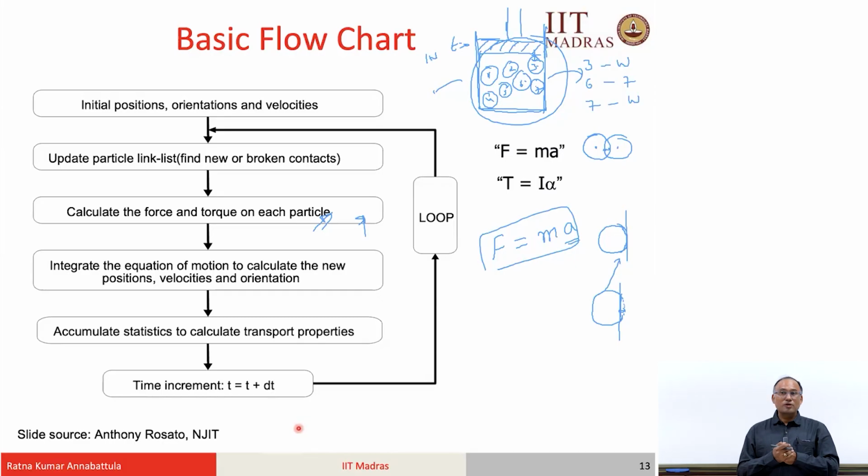But when you are integrating, you have to do this over a very small time step, so that you know with that acceleration where the particle is moving to in the next step. Why do we need to use a very small time step?